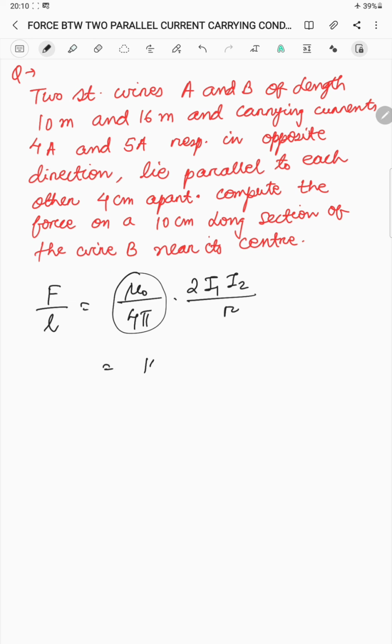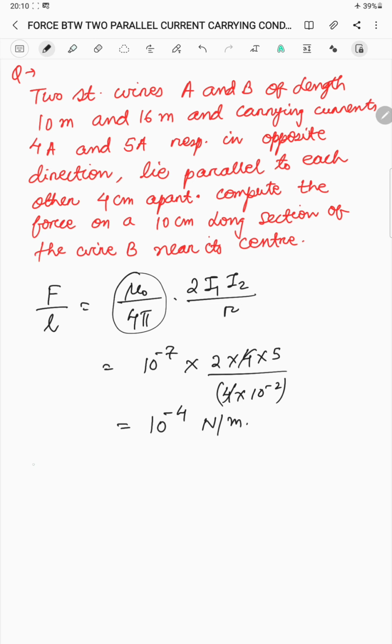We know it is 10 to the power minus 7 into 2 into 4 ampere into 5 ampere divided by R. R is 4 centimeter. That means 4 into 10 to the power minus 2. Okay, this will be equal to, so 4 gets cancelled out. 5 2s are 10, 10 to the power minus 6, minus 2, it will go up, plus 2, so it becomes 10 to the power minus 4 Newton per meter.